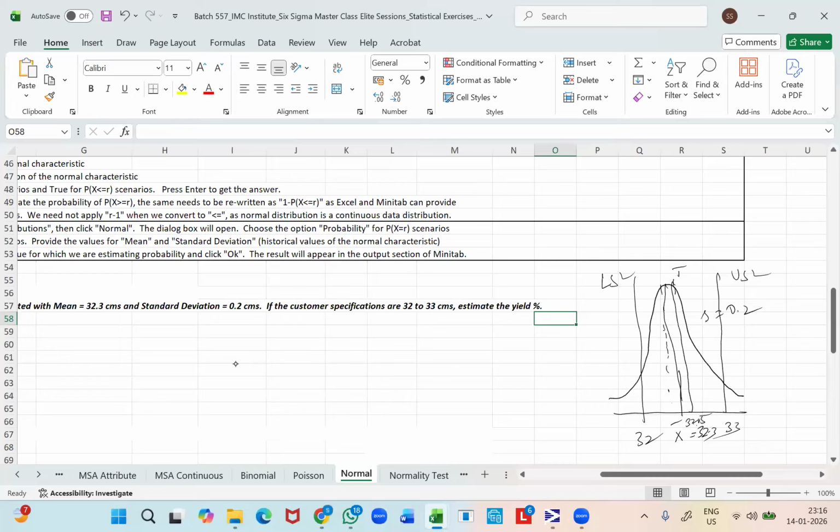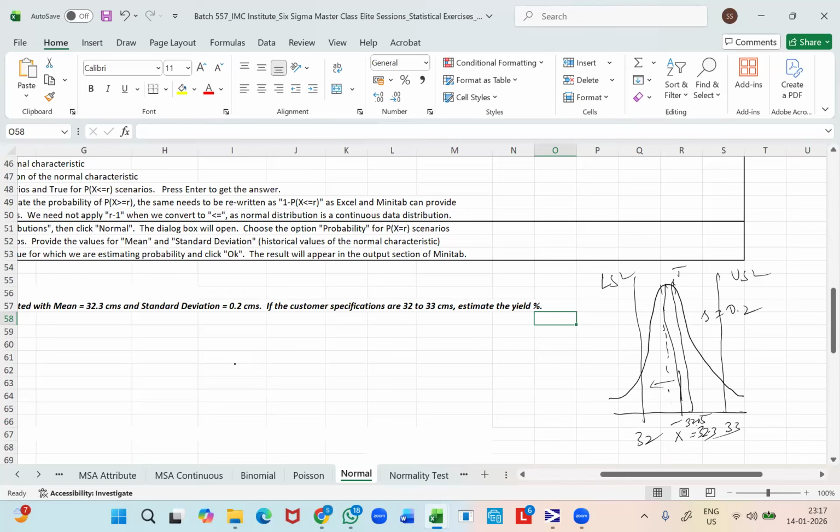One thing we can understand is that the mean is not aligning with the target, right? Target is 32.5, mean is 32.3 as given in the problem. But which side is the mean actually tilting towards? We need to keep the target as the reference point and find out. It's the left side, LSL. The target is to the right-hand side of the mean, so the mean is actually tilting towards the LSL side.